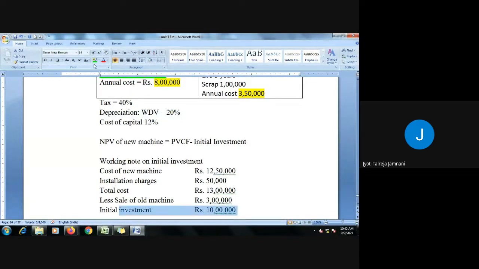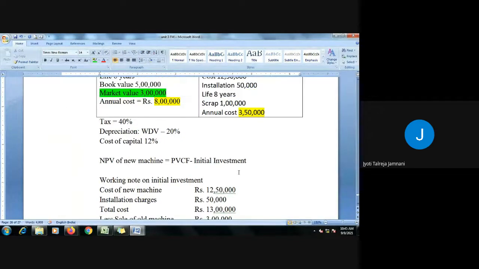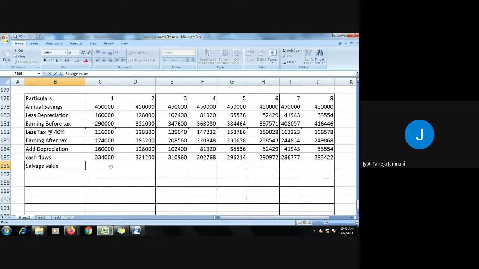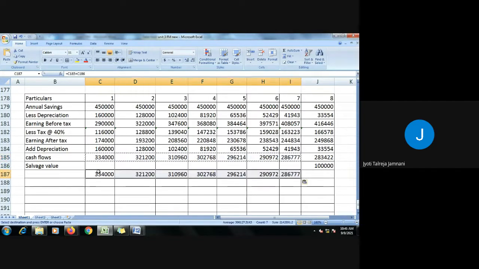So now what we want is only the new machine scrap or salvage value, which is 1 lakh rupees. After 8 years, the new machine will get 1 lakh rupees as scrap value. So we need to add it only in the 8th year, because only in the 8th year you're going to receive that amount. So that is also a cash inflow.